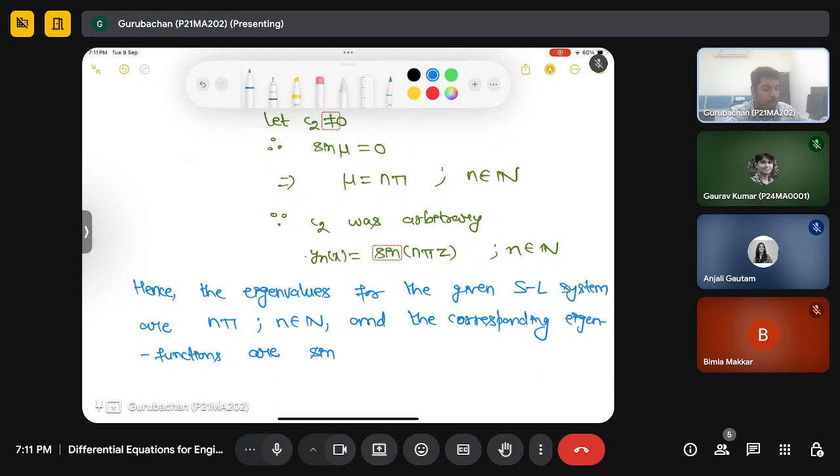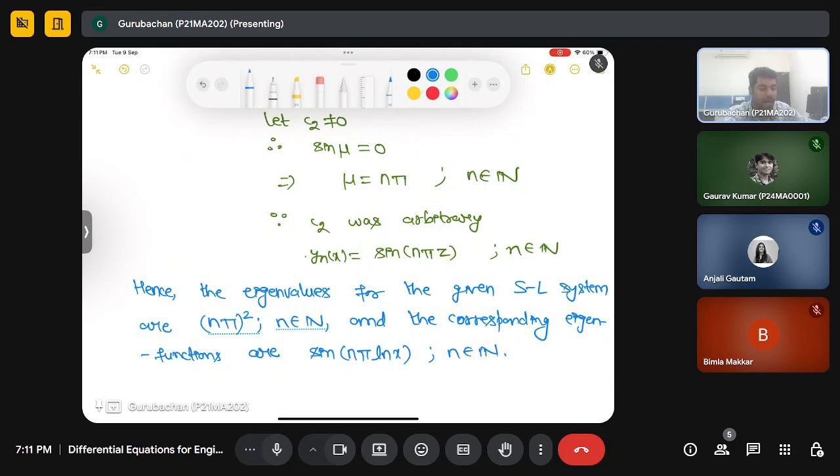Again, I'm recalling, since lambda was mu square, this will be n pi whole square, and sine n pi z. What is z? ln x. So this will be sine n pi ln x, where n is a natural number.